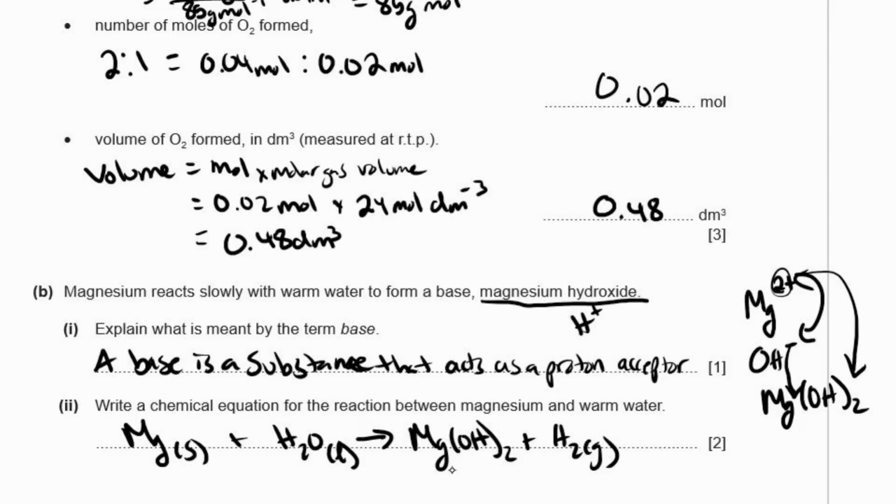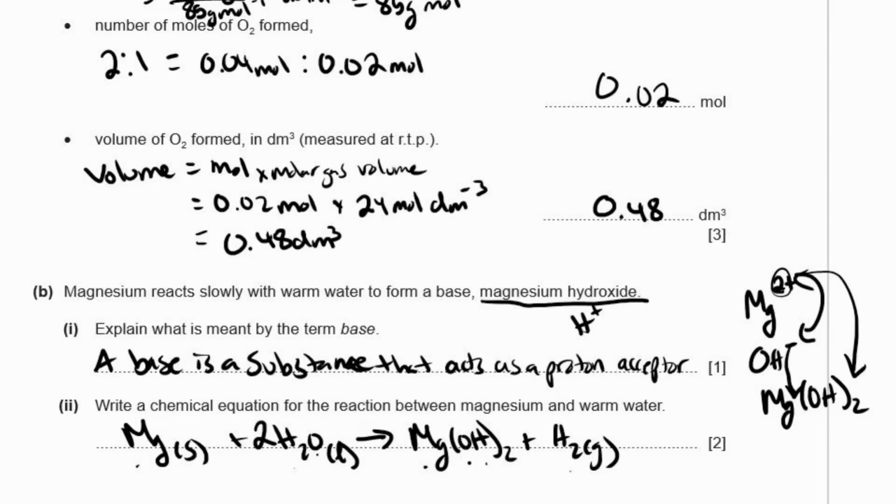All right, so now that we have this, now we need to make sure it's balanced. We have 1 magnesium on the reactant side, 1 magnesium on the product side. We have 2 hydrogens here, and we have 4 hydrogens on the product side. Oxygen, we have 1 oxygen here, and we have 2 oxygens on the product side. So we have to have 2 oxygens over on the reactant side.